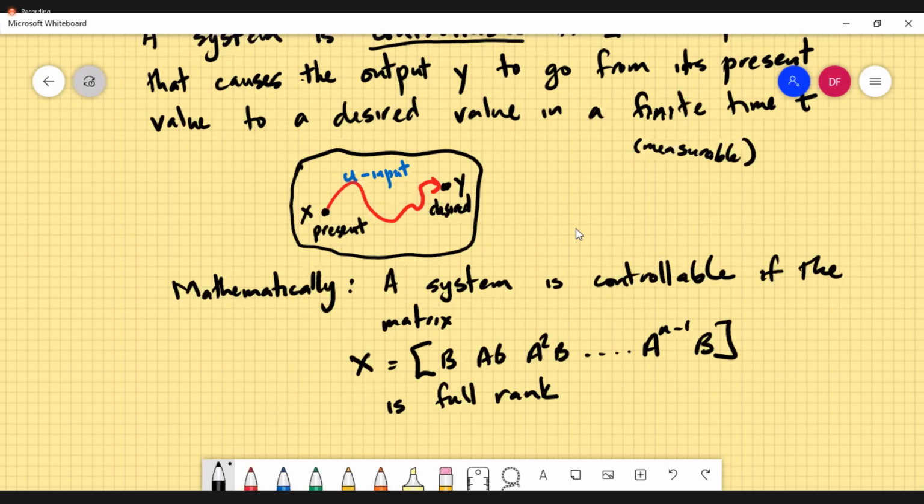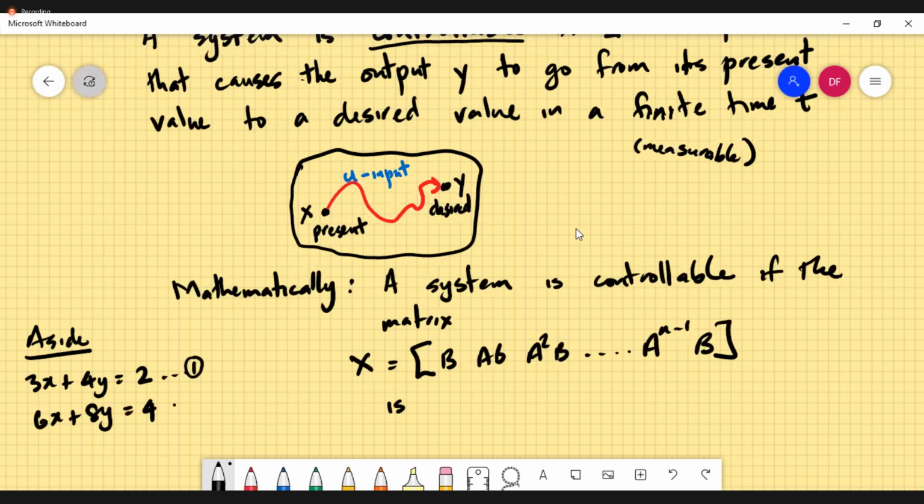So rough work aside, let us say I have this simultaneous equation. This is my equation 1, and this is my equation 2. What can you say about these two equations?